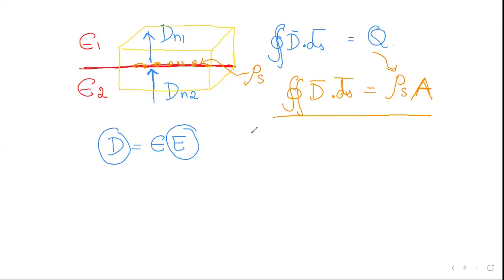Now I'm going to apply Gauss law. I'm going to look at this particular component Dn1. I'll multiply it with the area which it is cutting through. This is that area. So I will get the total flux cutting that area, Dn1 into area. And I also know that there is a flux which is entering, so I have Dn2 into area. The area is the same.